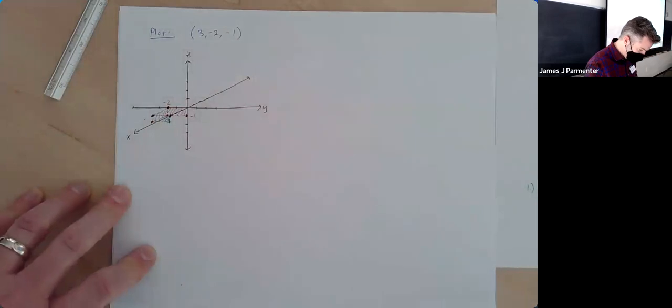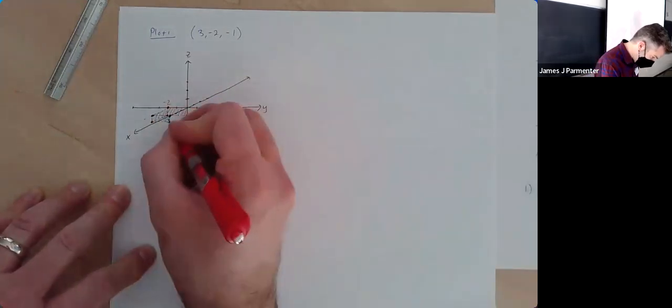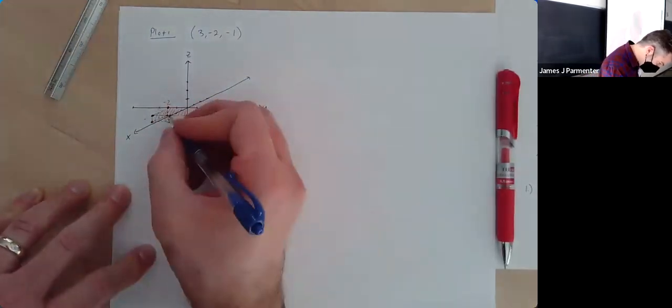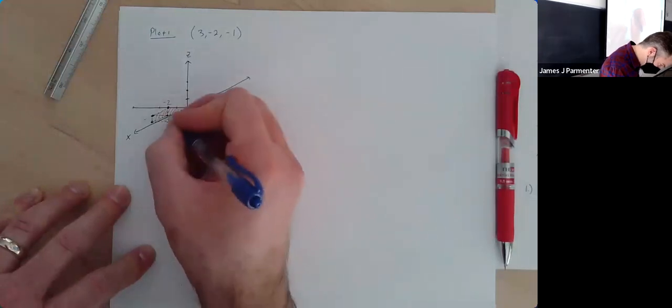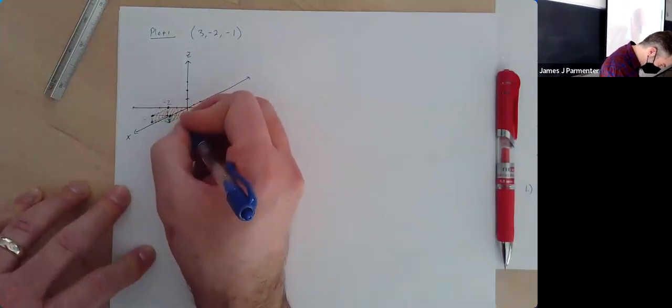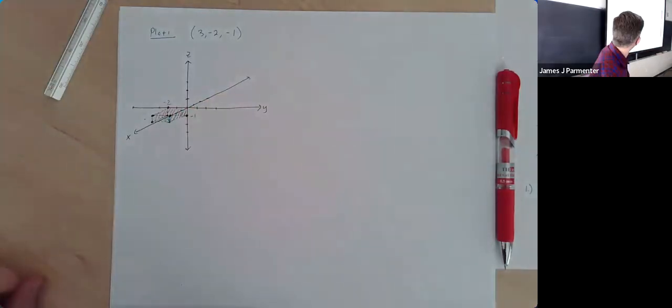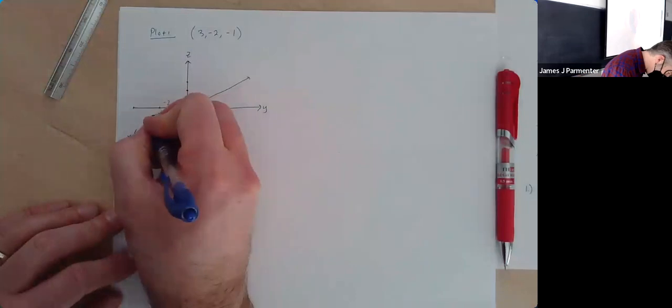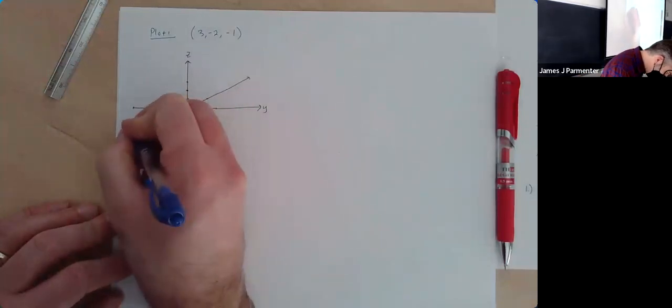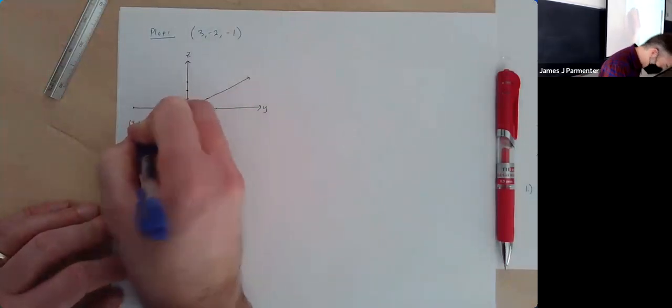And if you really want, you can go down 1 and out 3 like that to get this right side face of my rectangle. I feel like that makes it maybe a little more clear, maybe not, I don't know. Anyway, here's your point: 3 towards you, 2 to the left, 1 down.